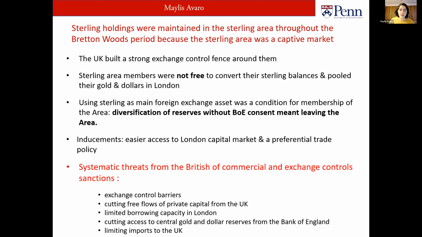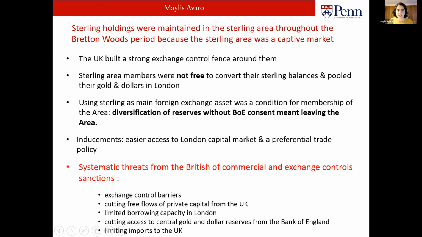But I argue that the main force that explained the continuation of this captive market for the period is a systematic threat from the British of commercial and exchange control sanctions toward countries that considered a potential diversification of the reserves.